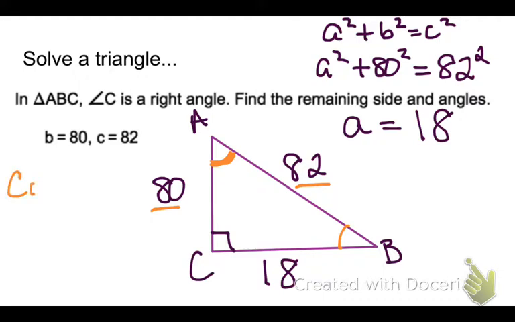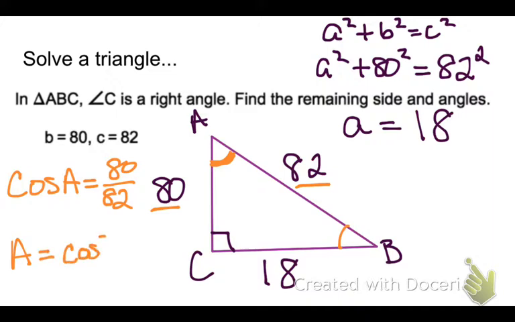So I would want to use cosine of A equals 80 over 82. In a previous video, you were reminded that to separate cosine from an angle, we use the inverse. So A equals cosine inverse of 80 over 82.